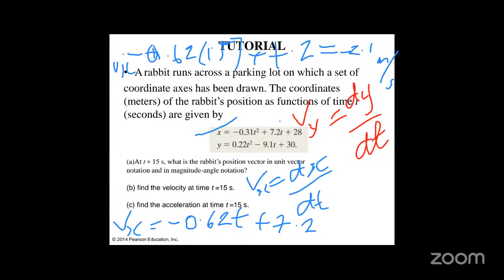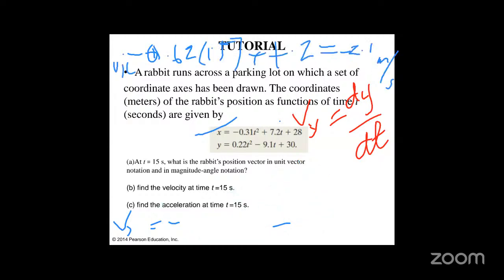Now, our Vy will be to differentiate y with respect to t.